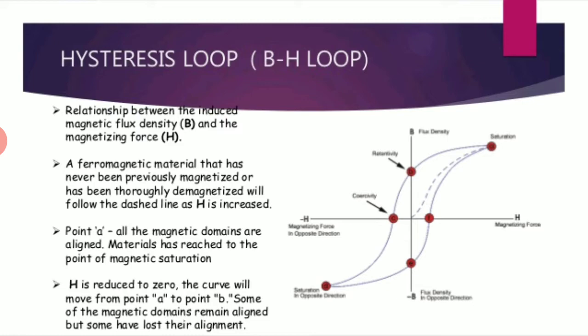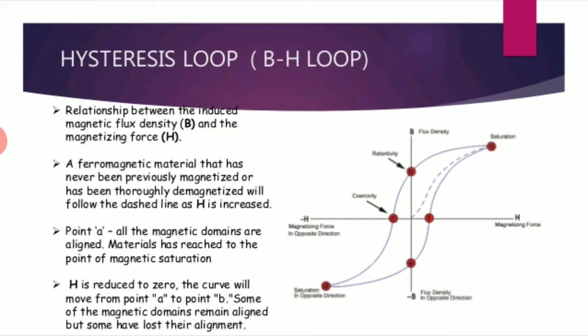See what is meant by the hysteresis loop, which can also be called the BH loop or the BH curve. That means the graph between the magnetic flux density versus the magnetizing force H, that is B versus H. The relationship between the induced magnetic flux density B and the magnetizing force H is called the BH curve or the hysteresis loop.